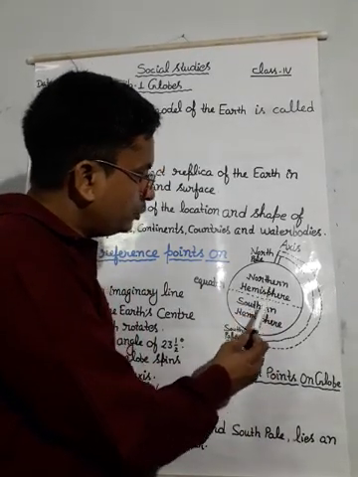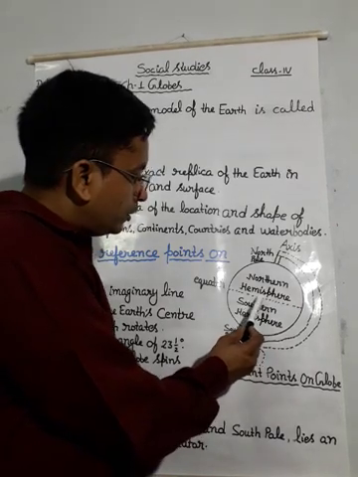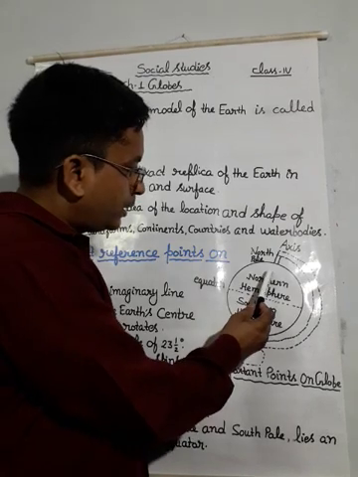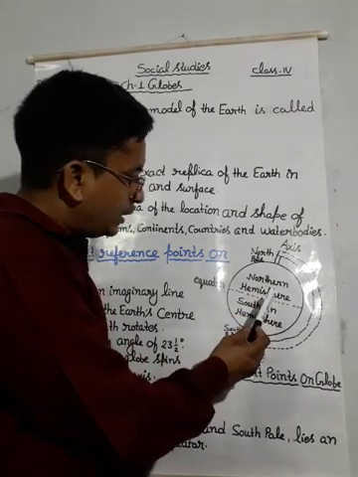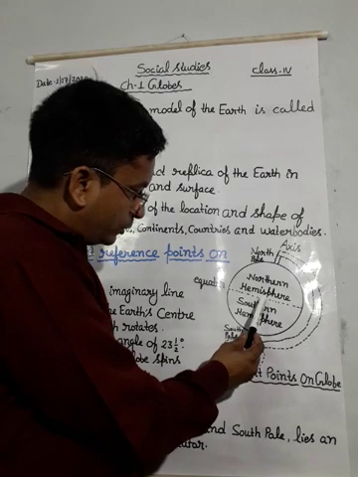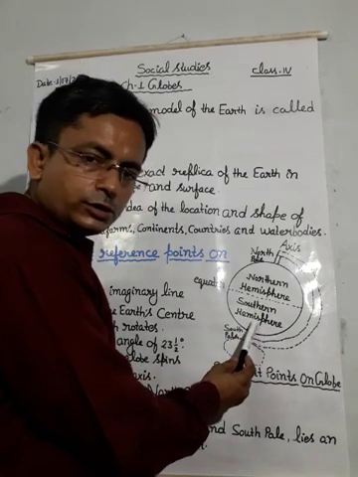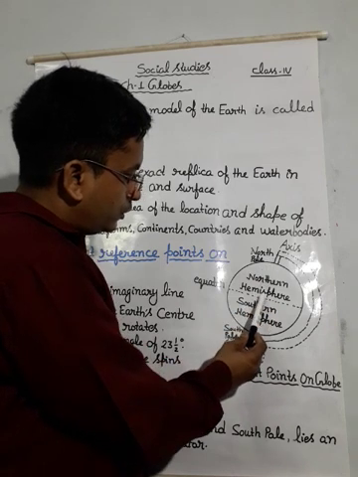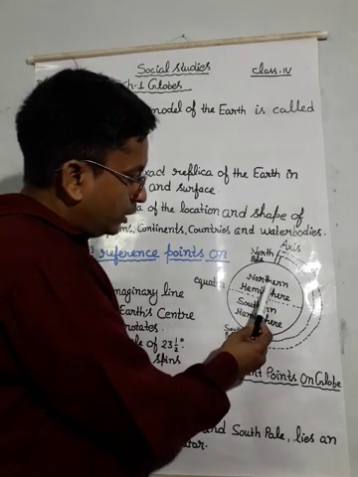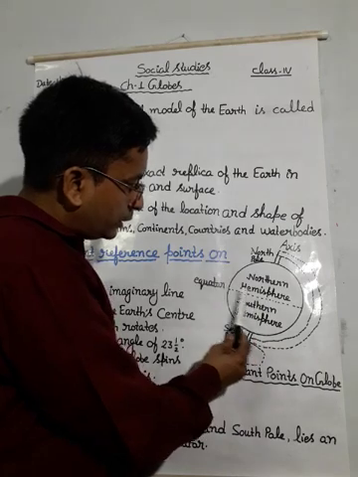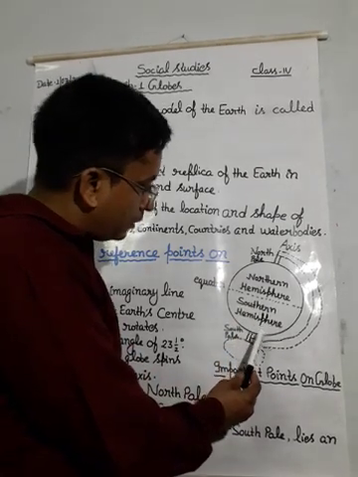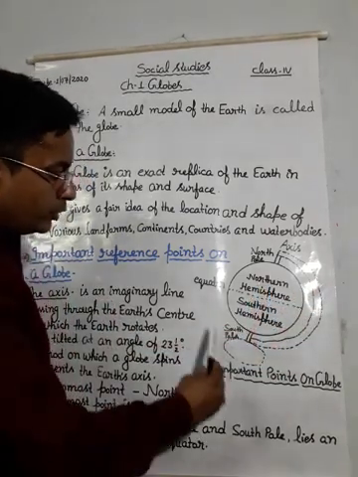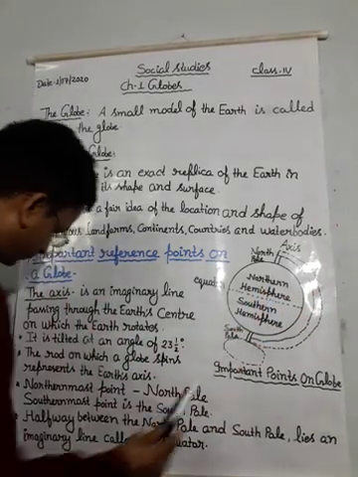The upper part, the north side, is called the northern hemisphere, and below the equator it is called the southern hemisphere. So these are the important points on the globe.